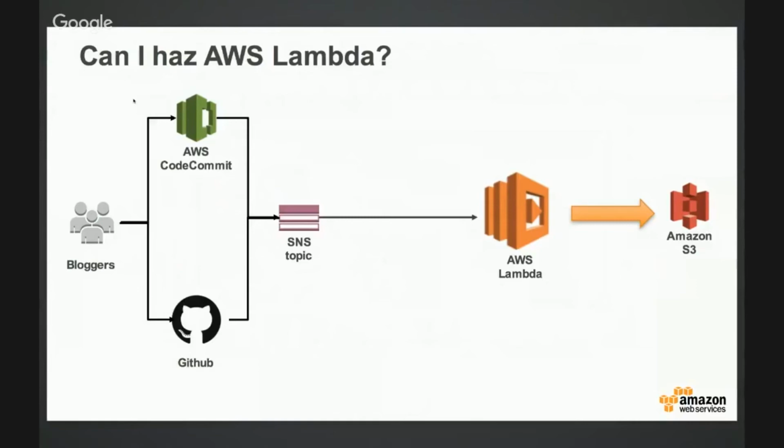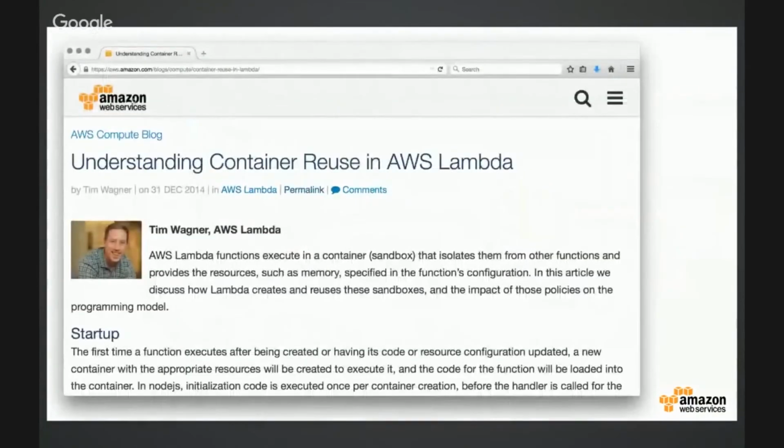But a very important aspect to know when you're building with AWS Lambda is that Lambda is a container-based system that will boot a new container when you receive an event, and that container may be reused for a while, but then it may go away and be replaced by another container.